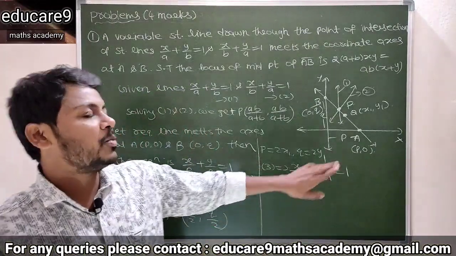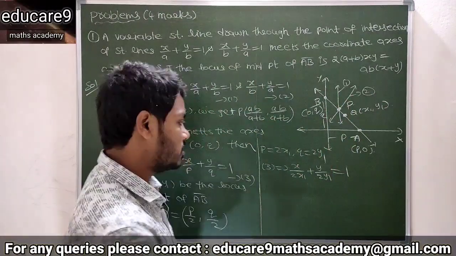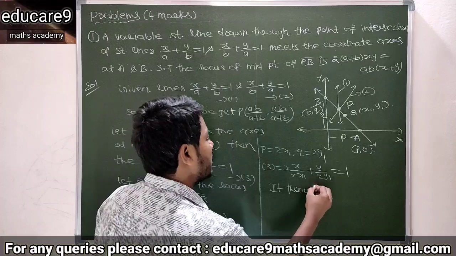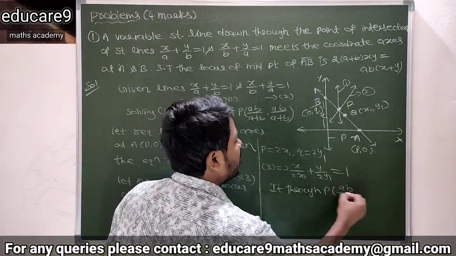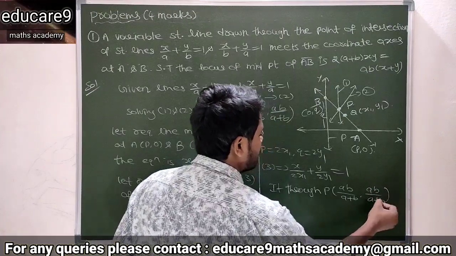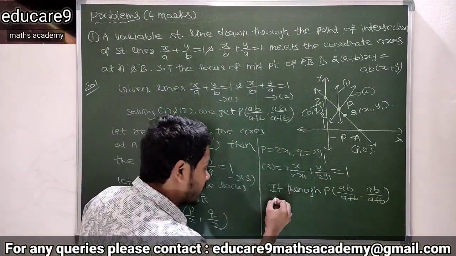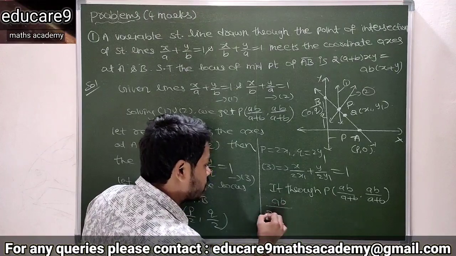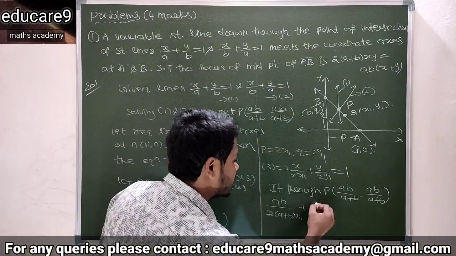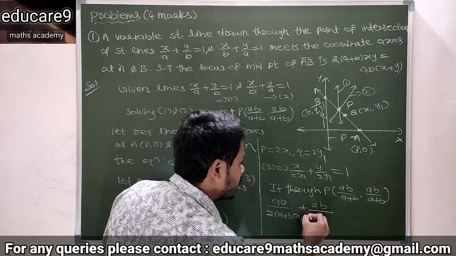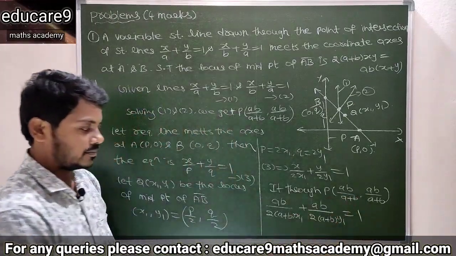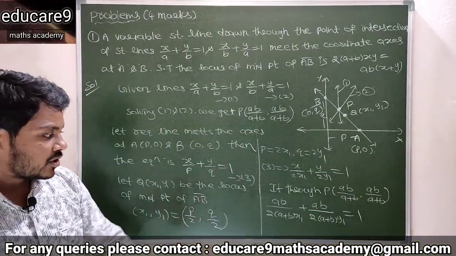But it passes through the point of intersection of 1 and 2, that is (ab/(a+b), ab/(a+b)). Substituting here, we get ab/(2(a+b)x1) + ab/(2(a+b)y1) = 1.